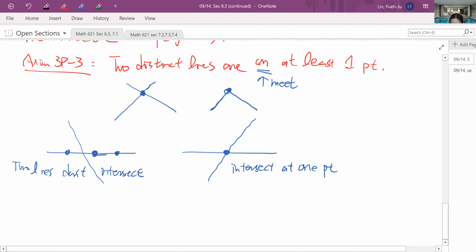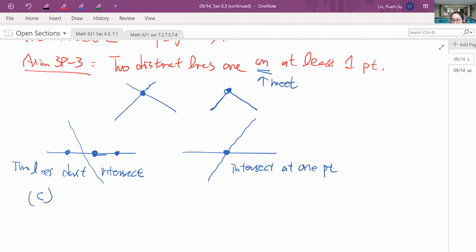And another thing I want to give you a hint on: I think this is part C. Part C says you want to prove that axiom 1 is independent, which means you want to draw a picture where axiom 1 is violated, but the other 3 are true.